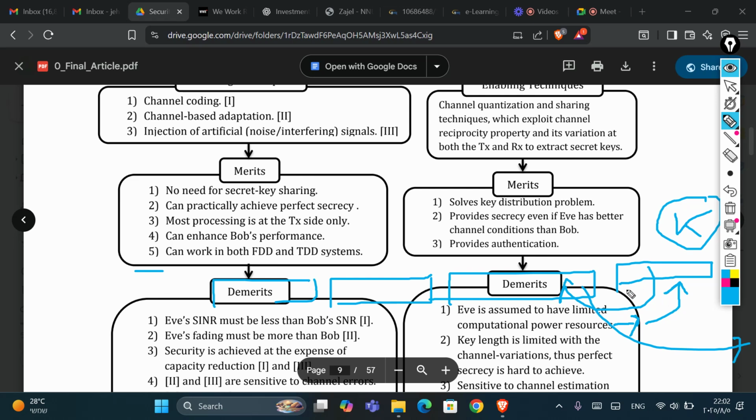And to avoid that, I could use the key only once with each and every packet. So for the first packet, I use key 1, and when the time comes for the transmission of the second packet, I again, as a transmitter, estimate the channel and extract a new random key that's different from the first one, and use this key 2, let's say, to encrypt this data.